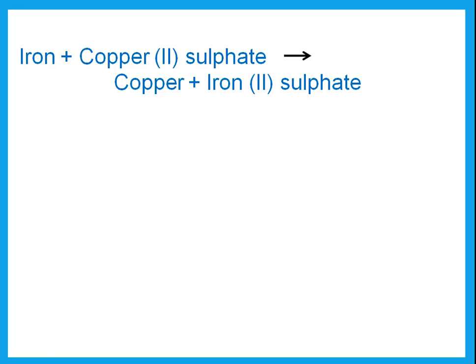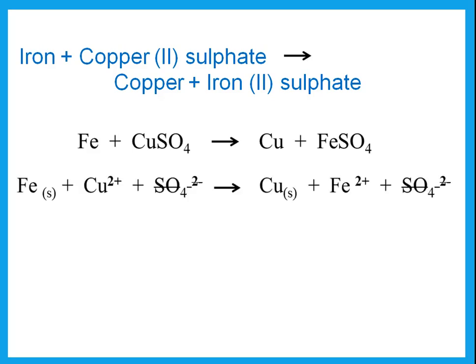Iron plus copper 2 sulfate to give copper plus iron 2 sulfate. So let's write the basic equation. Iron, copper 2 sulfate. We said the copper is valency 2, sulfate valency 2, so you don't put 2 under any of them. To give copper plus iron sulfate. Now, which one is a solid? The metals are all solid. So iron is a solid, copper is a solid.